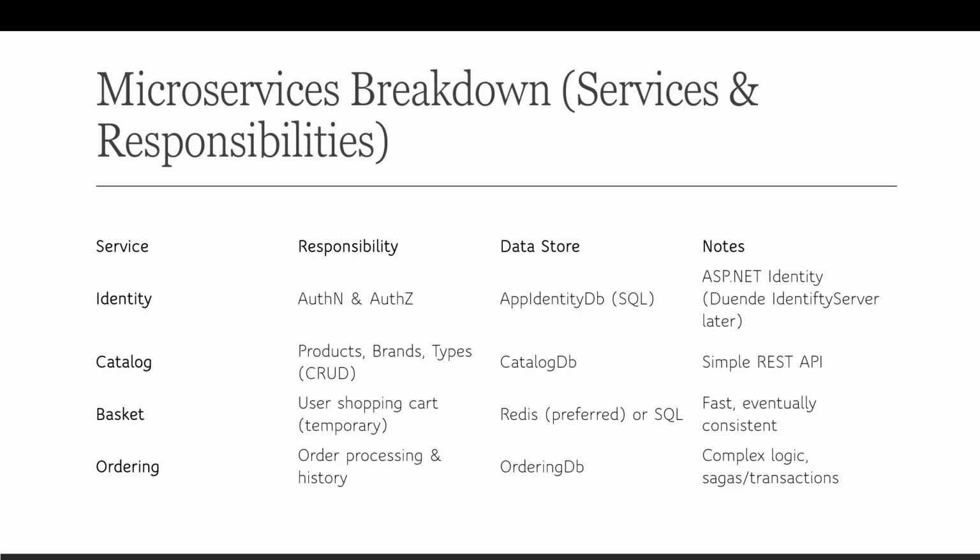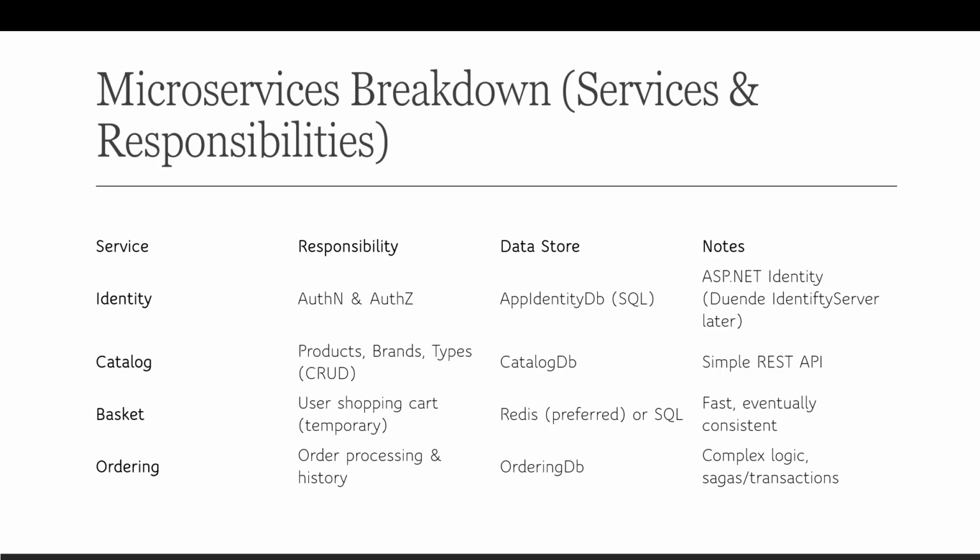The second thing is the catalog service, which has responsibility for product, brand, and types, and it will have a catalog DB, simple REST API. Then we will be using the basket API.